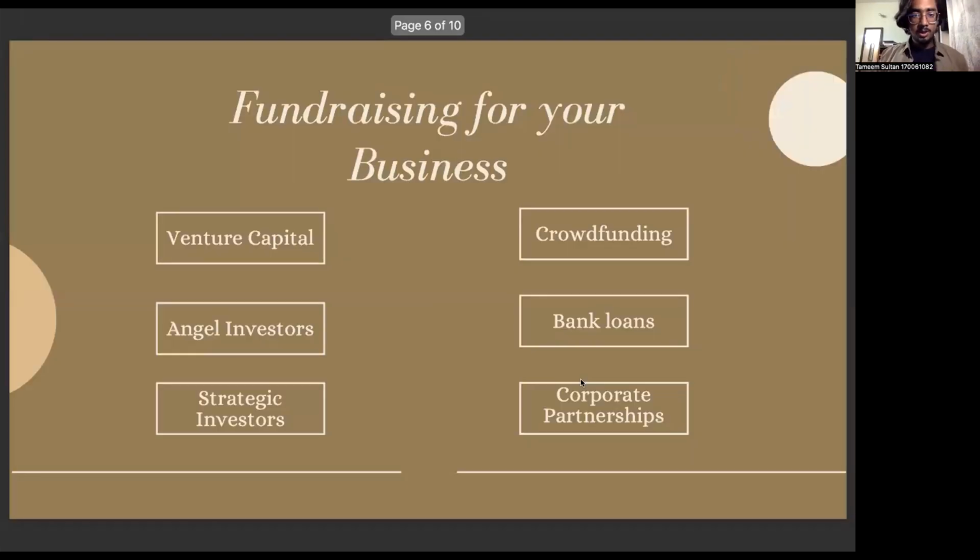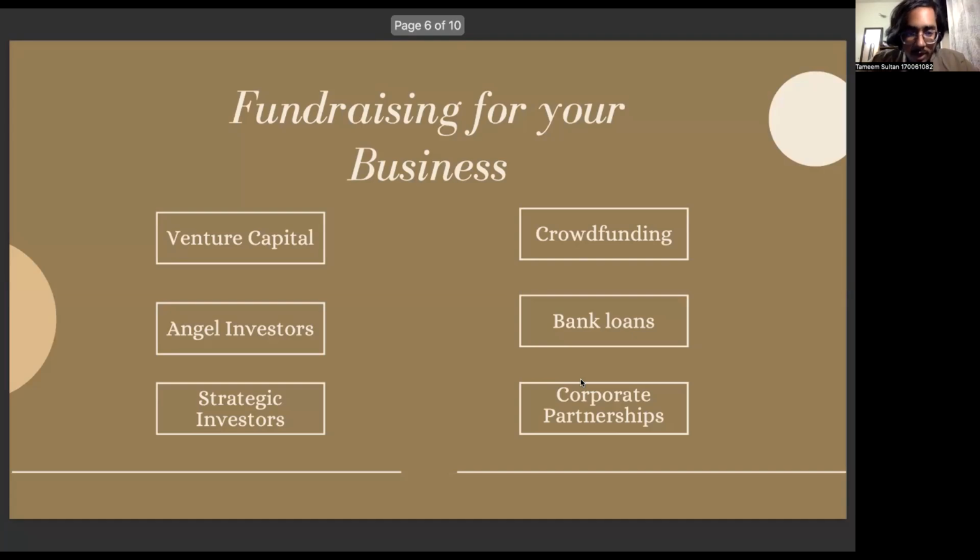So the next point is fundraising. Building a global business requires significant financial resources, and entrepreneurs often need to seek funding from various sources to fuel their growth. Here are a few of the different funding options available in the market that can help the business grow.